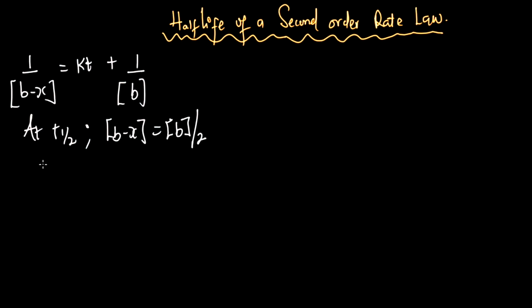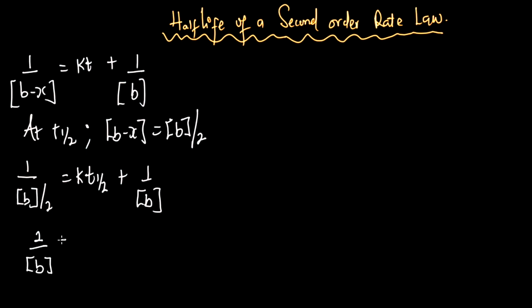Half-life is the time it takes for the initial concentration of the reactant in a reaction to decrease to half of its initial value. So we can therefore say that 1 over B over 2 equals k t half-life plus 1 over B. So therefore this becomes 2 over the concentration of B equals k t half-life plus 1 over B.